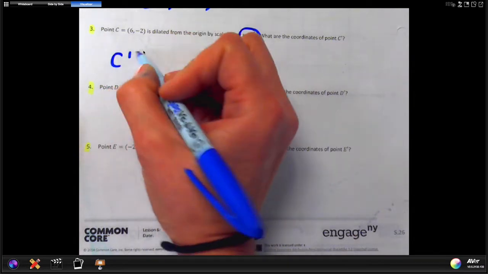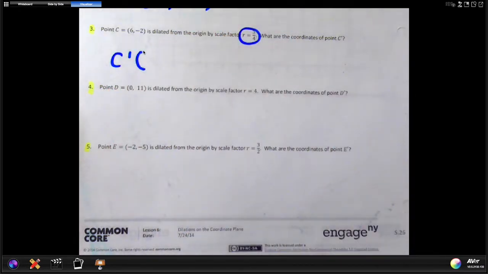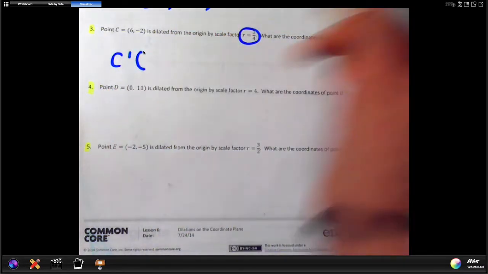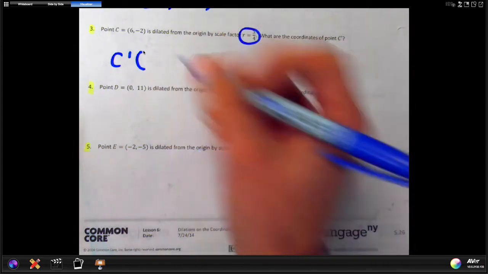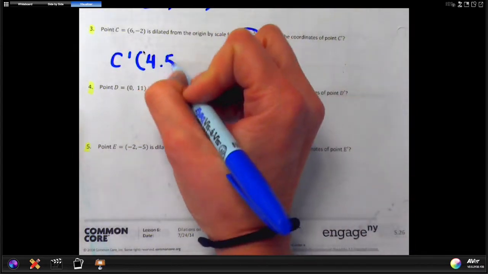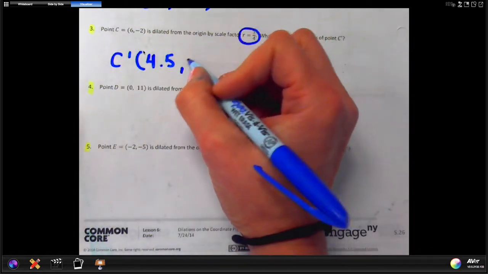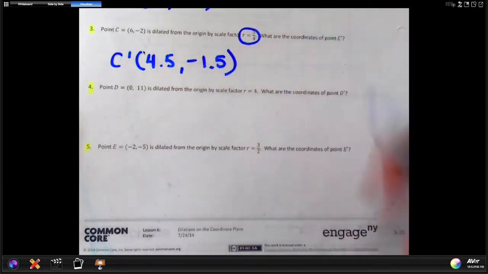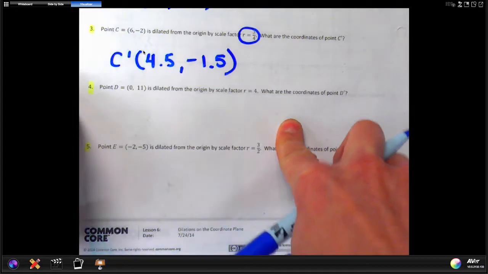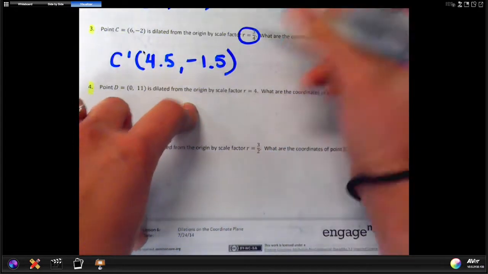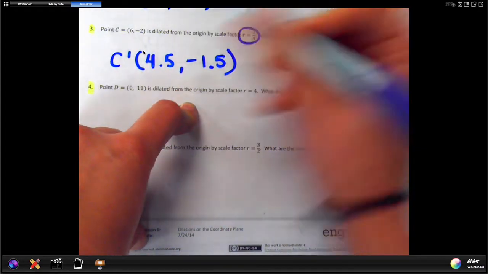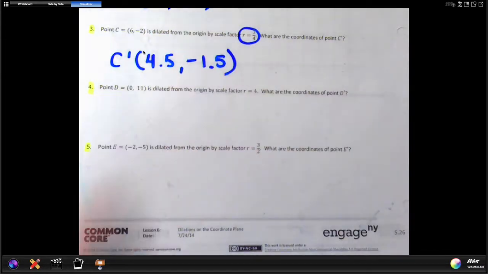C prime then: 6 times 3/4 is going to give us 4.5, comma, negative 2 times 3/4 is going to give us negative 1.5. And the rest is very similar, just multiplying. The whole idea is we multiply our scale factor by both of our original coordinates.